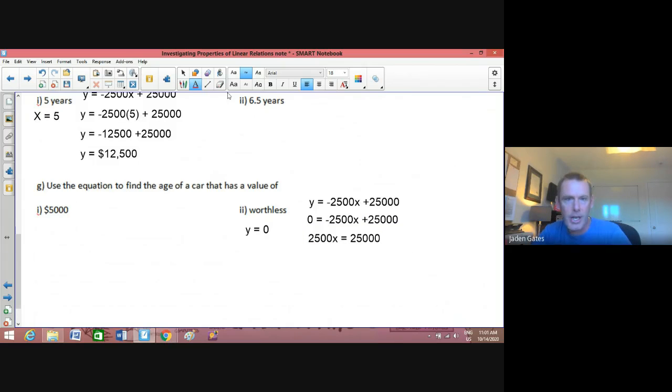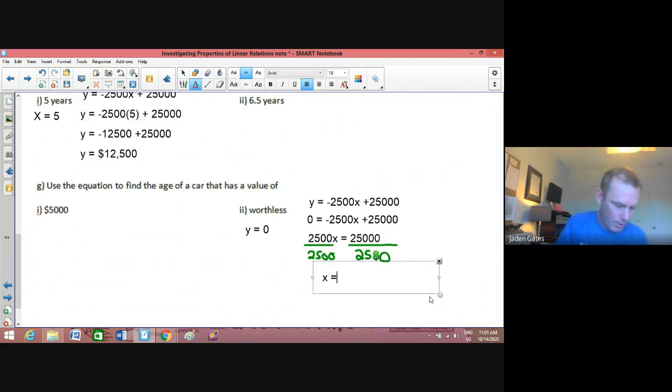All right, and again, I want to divide by my numerical coefficient, so divide by 2,500. And what I do to one side, I have to do to the other. So I divide my 25,000 by 2,500.